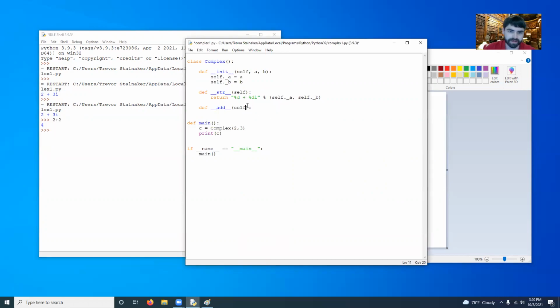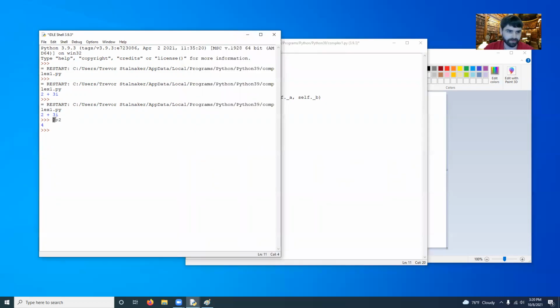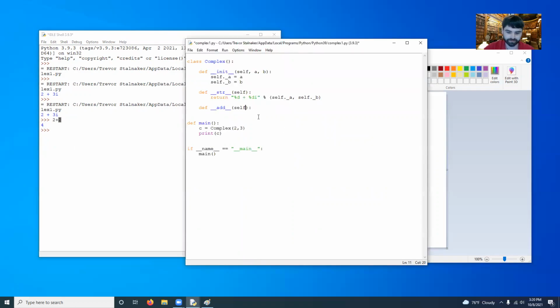So what you're going to have to do here is keep in mind that when you're using a plus sign, you've got one thing and the thing you're adding to it. So we have a self, and by convention, we have an other. We know that we're going to want to return a complex number. So let's calculate the real part.